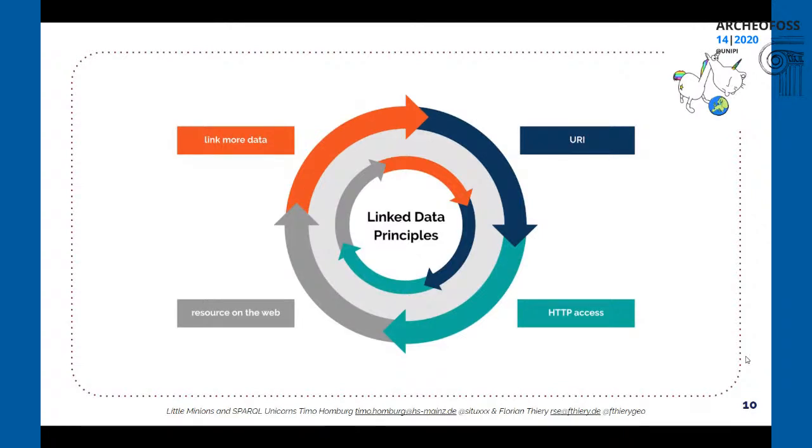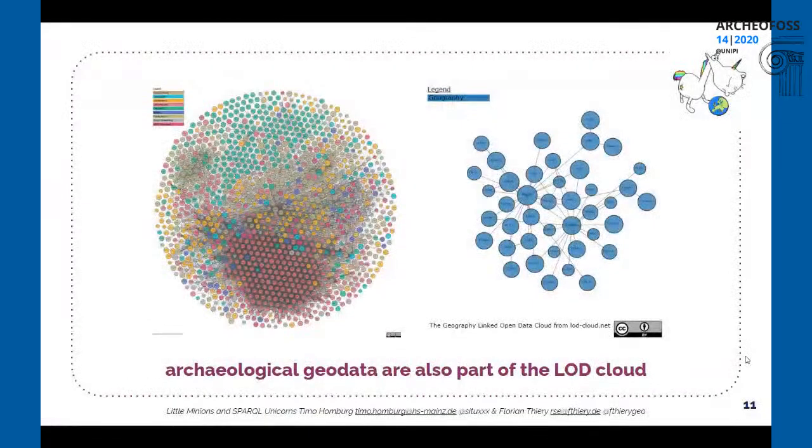Every instance that is represented in linked data should get a URI, which is accessible via HTTP and also becomes a resource on the web that we might query or even view in a web browser if appropriate technology is there. It is machine readable, and you can link more data to existing data, which is always interesting to discover more use case related data content.